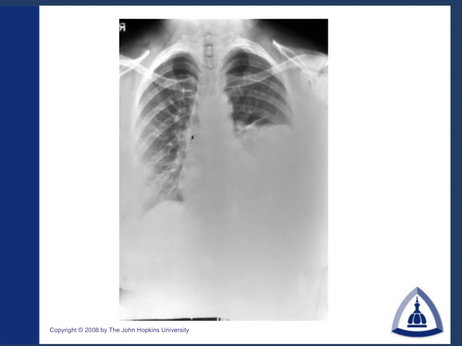This x-ray right here, we lose the left hemidiaphragm, and it looks like there's a whiteout in the left lower lobe. The differential for a whiteout is fluid. This could be a pleural effusion, could be a big mass, or it could be a consolidation.